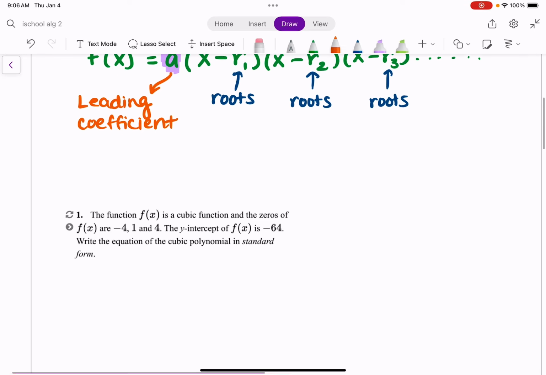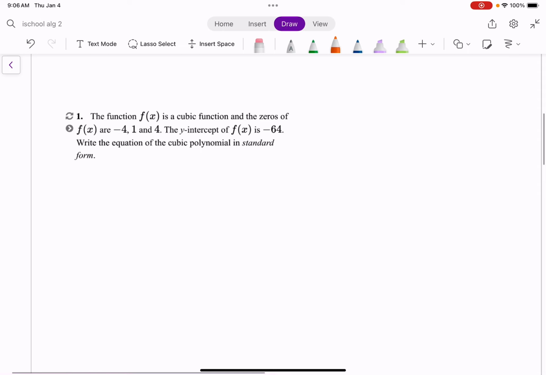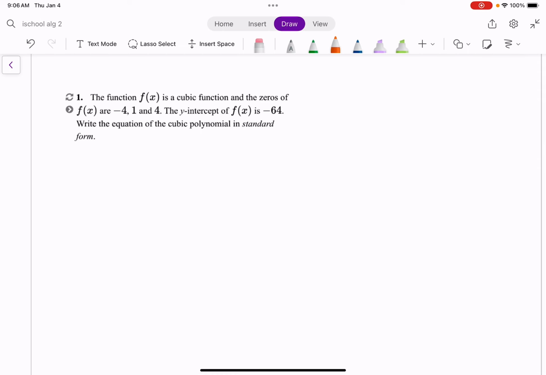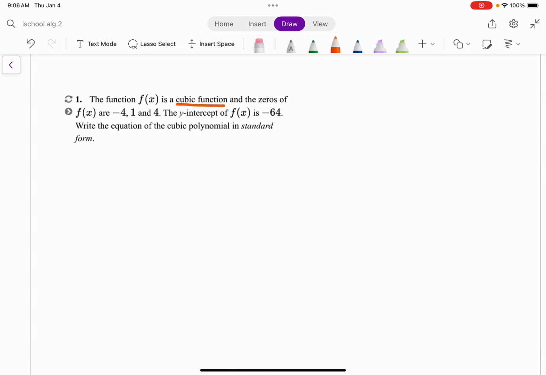Okay, so this question says the function f of x is a cubic function, and the zeros of f of x are -4, 1, and 4. The y-intercept of f of x is -64. Write the equation of the cubic polynomial in standard form. So I'm going to start by writing out our key information.